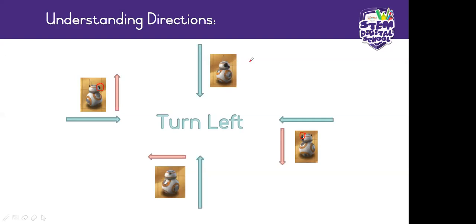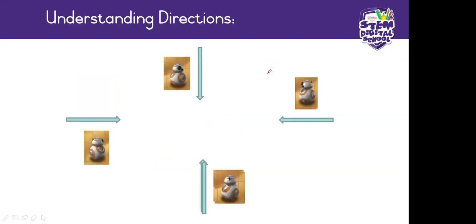If we say turn left, he is going in this direction, opposite to your left hand. Your left hand is on this side, but when BB8 is looking at you, his left side is here.